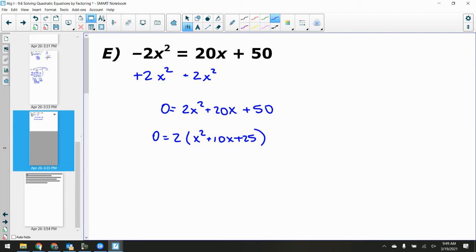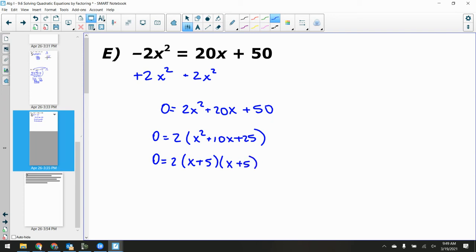Now it's an easy type. Factors of 25 that add to get to 10. What are they? 5 and 5. Now, leave the 2 out front. So I've got x plus 5, x plus 5.